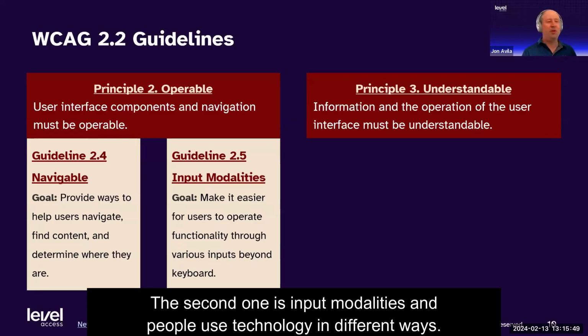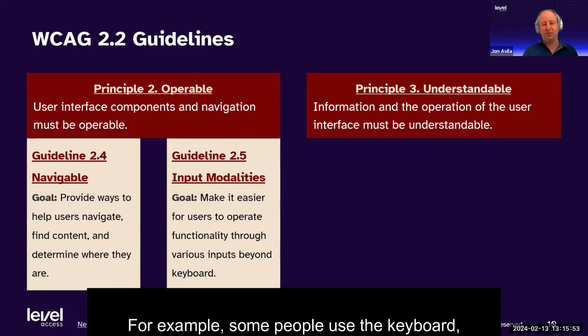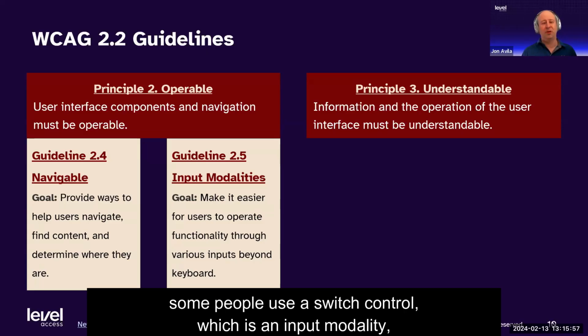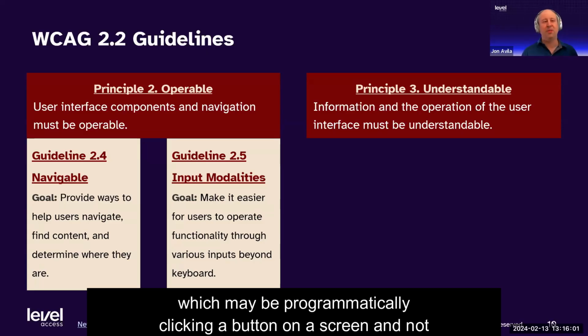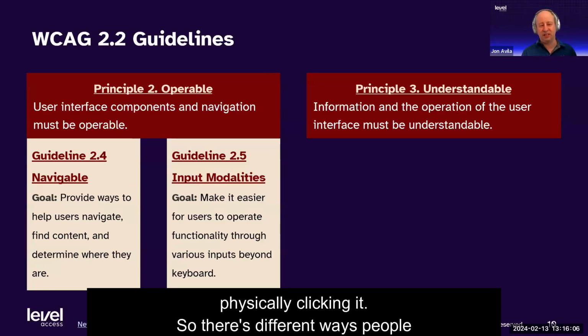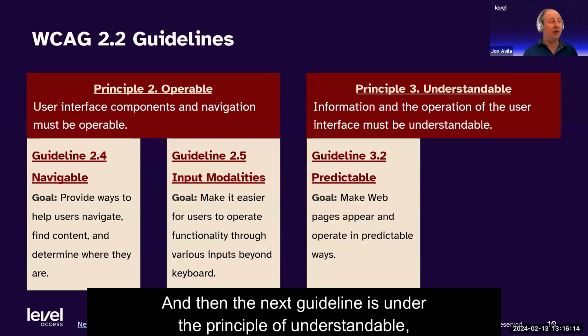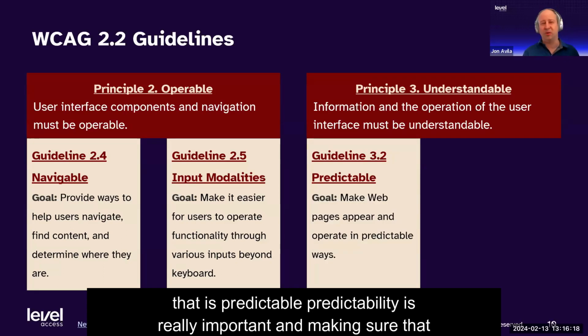The second one is input modalities, and people use technology in different ways. For example, some people use the keyboard, some people use a pointer or a touch interface. Some people use a switch control, which is an input modality which may be programmatically clicking a button on a screen and not physically clicking it. So there are different ways people input and interact with content. The next guideline is under the principle of understandable, and that is predictable.